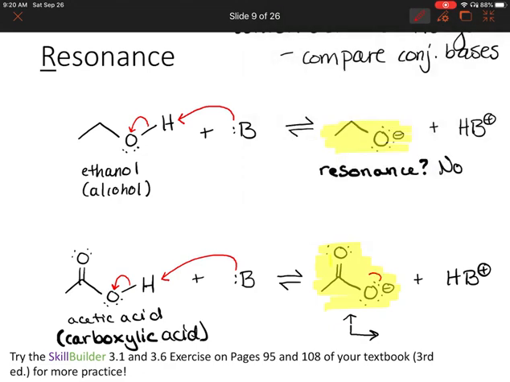Okay, so let's show the movement of electrons. So we can move a lone pair from the negatively charged oxygen, and we'll move that down to create a pi bond. But remember, when we do that, we're creating a text-carbon in the middle. So we have to adjust for that. So we're going to move the pi bond up above to create our other negative oxygen.